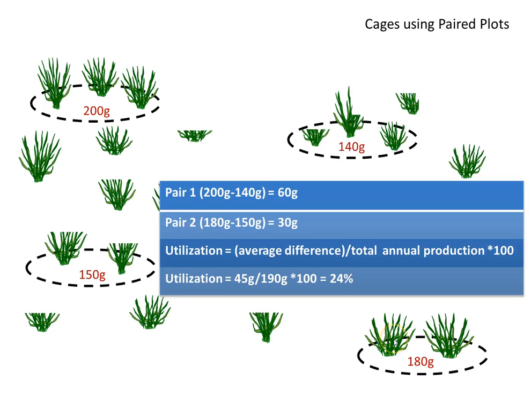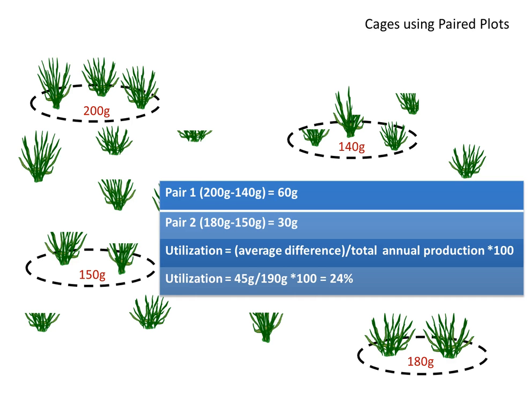We would normally have more than a sample size of 2 pairs. And we calculate utilization as the proportion of 45 grams divided by 190 grams equals 24% utilization.